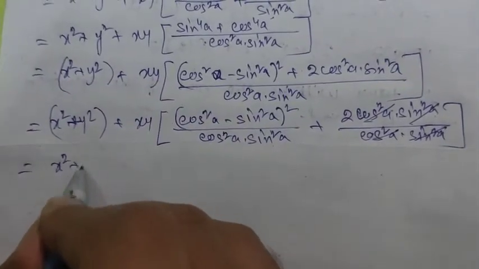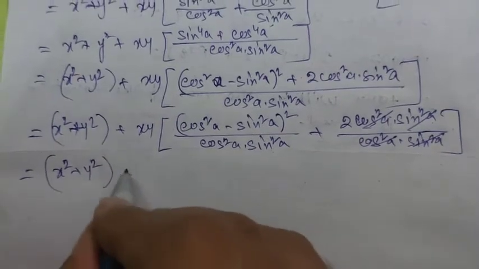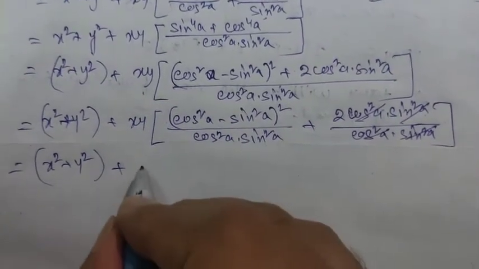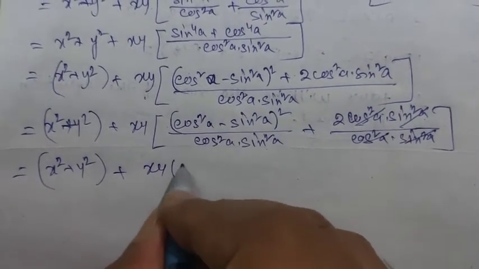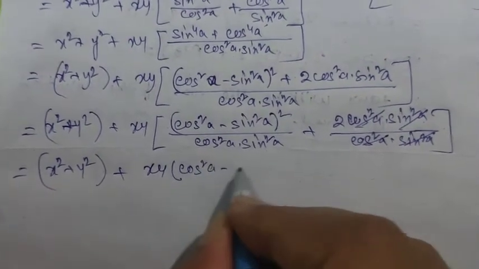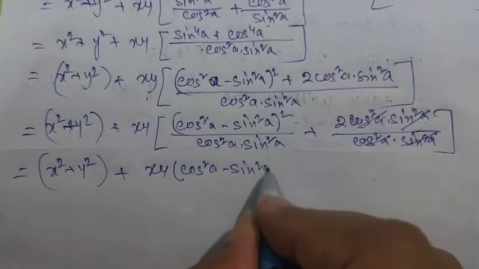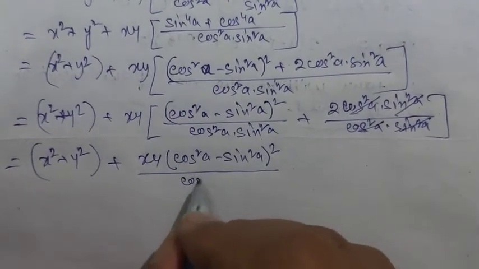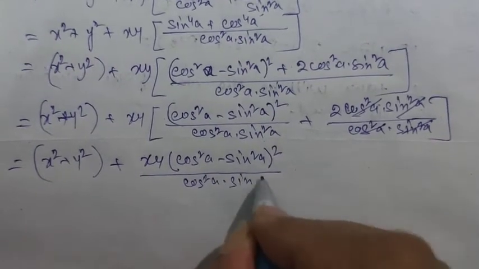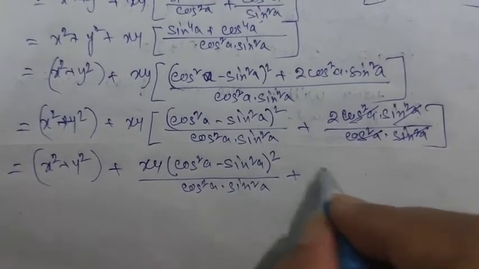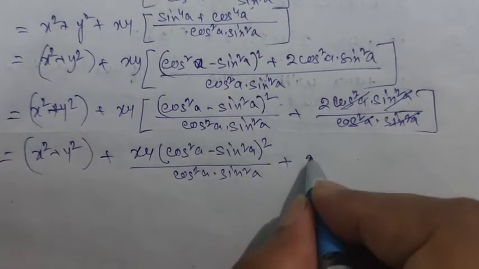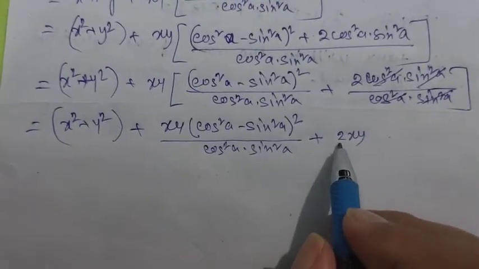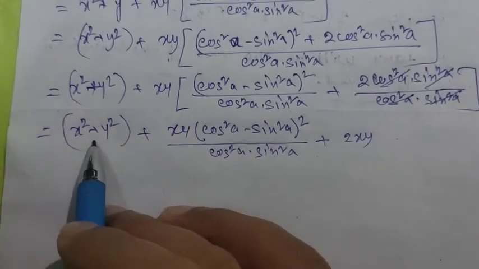Now x² + y² plus, now we will multiply xy with these two expressions. So we will get xy (cos² a − sin² a)² by cos² a sin² a plus 2 into xy, we will get 2xy. Now we will put these 2xy inside this expression.